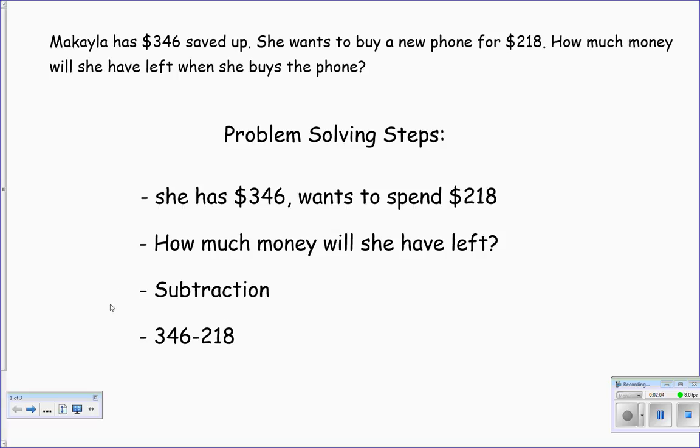And the last step when you problem solve before you begin to solve is to create the equation. The equation for this sentence is 346 minus 218. Okay? Hope everybody is with me so far.